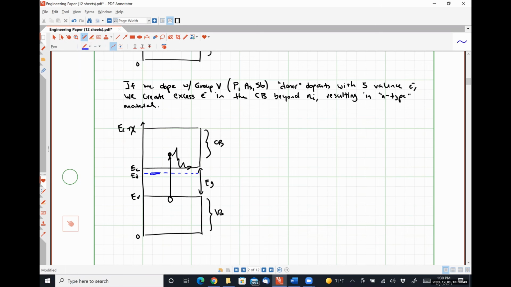And we will have sites representing our impurities. And the distance here is somewhere around 0.04 electron volts. So these impurities here have 5 valence electrons, and the surrounding silicon have 4.